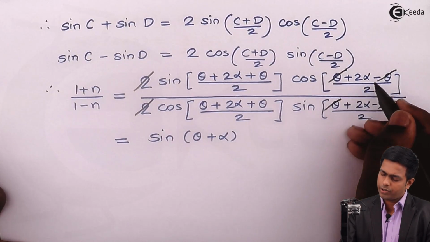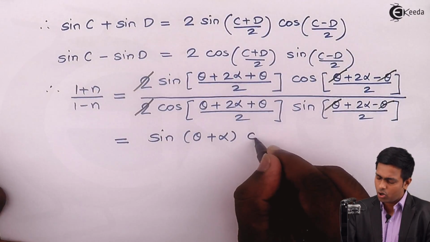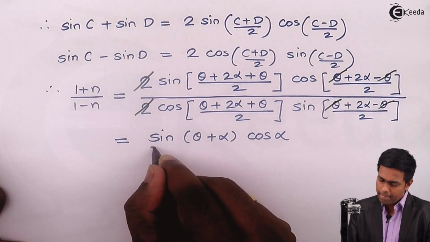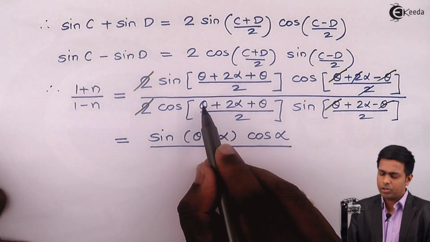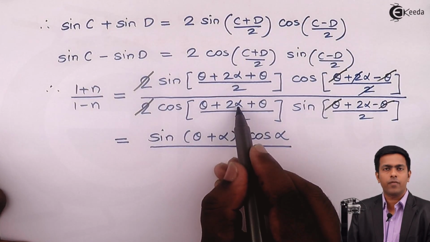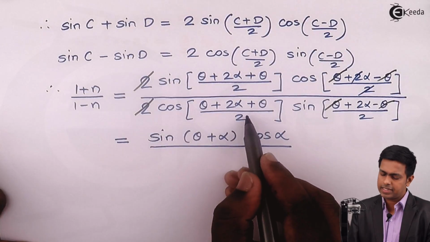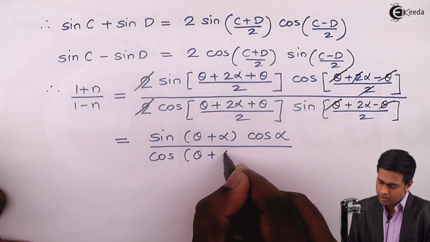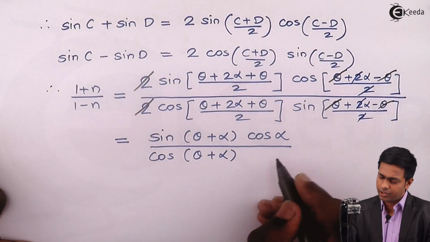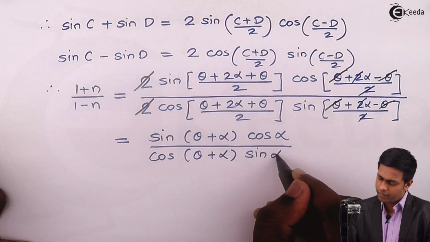From here 2 and 2 will be cancelled, so we will get cos of alpha upon, again the same, 2 theta plus 2 alpha. I can take 2 common, it will be cancelled with this 2, and we will get cos of theta plus alpha, and here by cancelling 2 we will get sine of alpha.